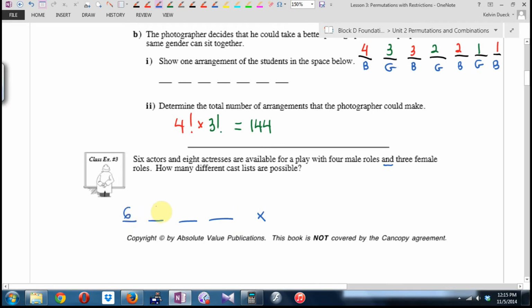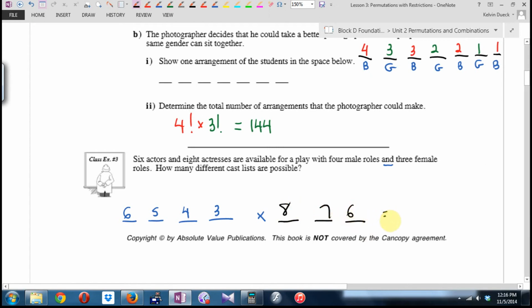Then? How many actresses are we choosing? How many blanks am I going to draw? How many choices do I have for the first actress? Then? So that'll get you there.